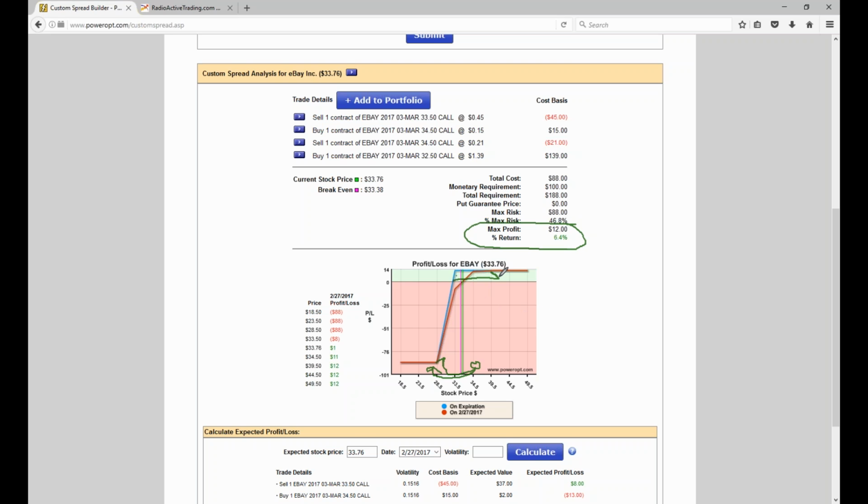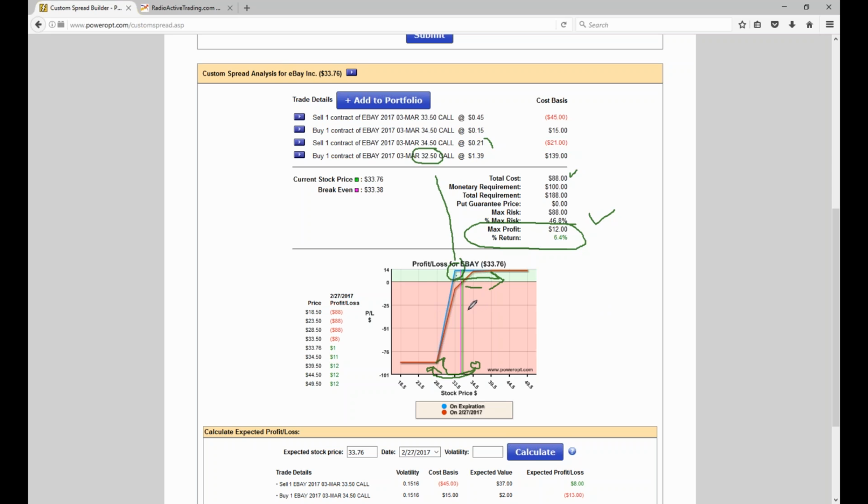I'm in a position where if the stock continues to move up as it has been, I have a better chance of making that profit. I've got a debit now of 88 cents, but a dollar strike difference between my 32.50 and the original 33.50 call that we sold. So if the stock continues to move in this direction, I'm actually in a winning trade.